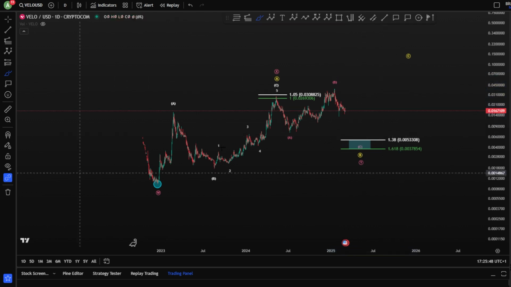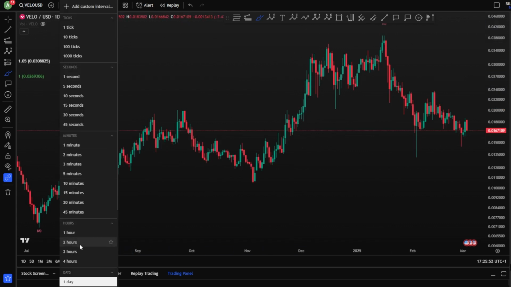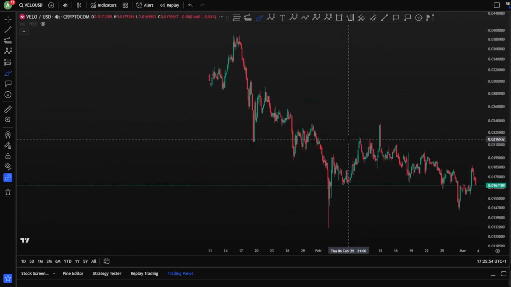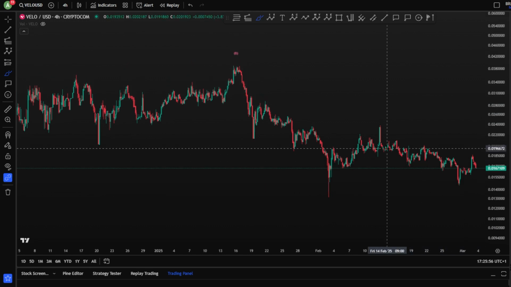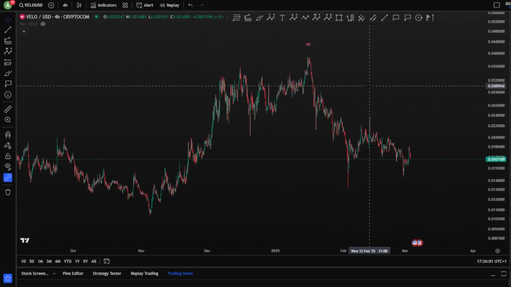the upside. If we take a closer look here at the 4-hour chart for this move toward the downside, to count it a little bit, as you can see, it looks like impulsive, but nothing really looks like a nice impulse.